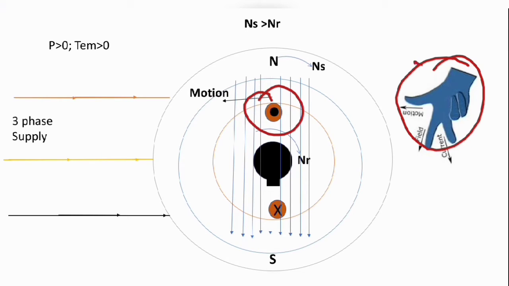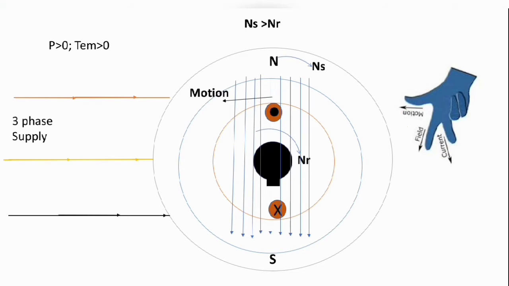Remember, right hand rule for generation and left hand rule for the motor. Here also you will get a cross, and here a dot. Cross means current is in the inward direction, dot means current is in the outward direction. So you get the direction of current.